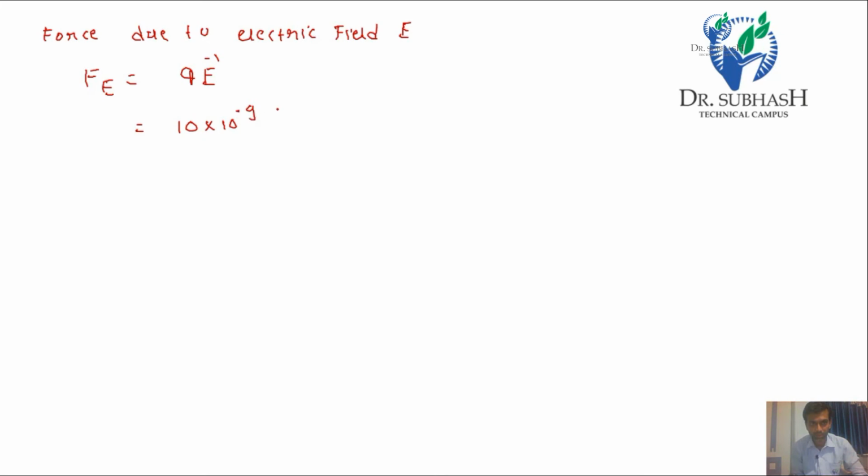Now we find the force due to the electric field E, which can be represented by Fe = QE. So 10 × 10^−9 times (3ax + 2ay + az) times 10^3.